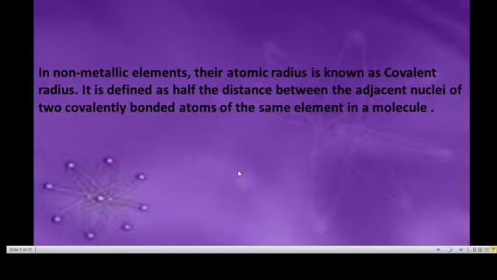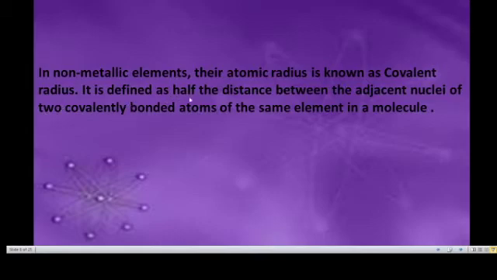In non-metallic elements, their atomic radius is known as covalent radius.